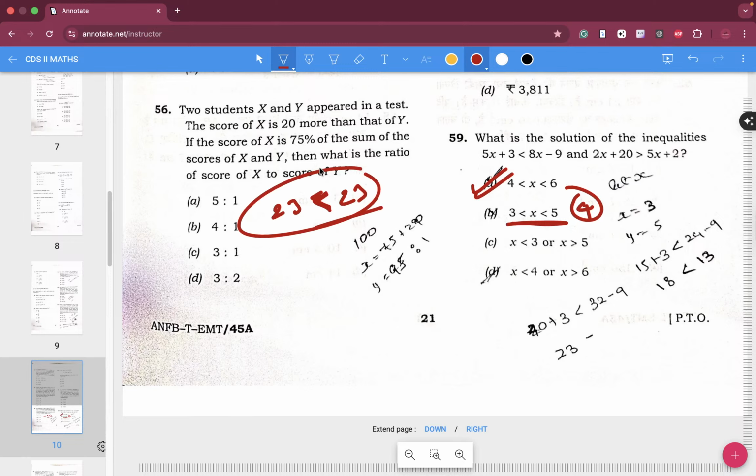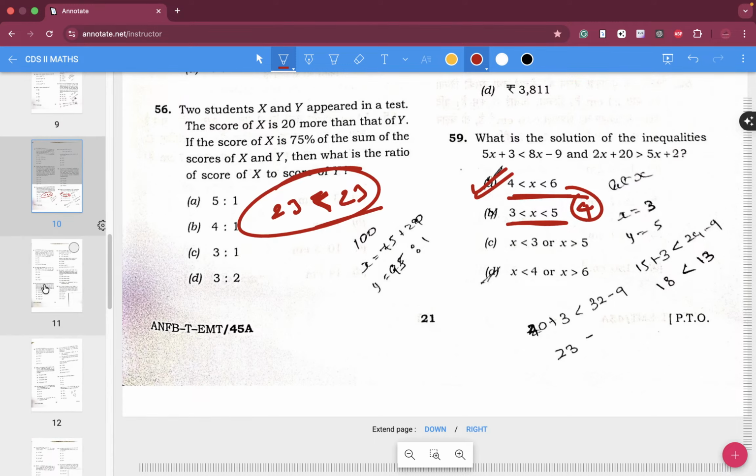No, they are equal. So A is the answer. For inequality questions, guys, do it with the help of the options. You will do it quickly.